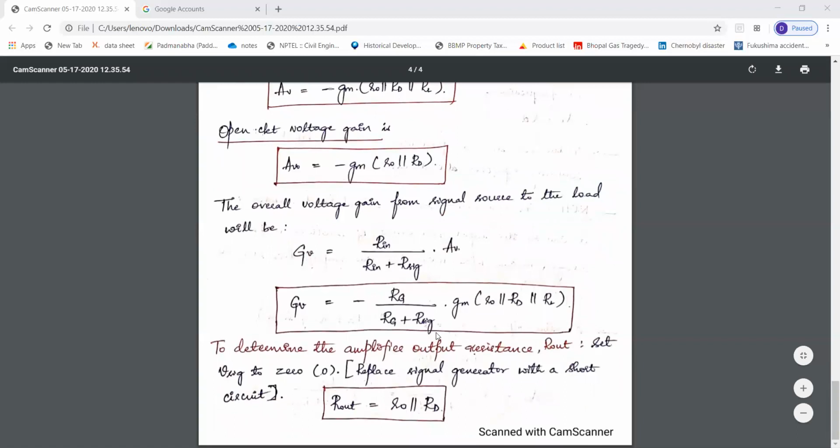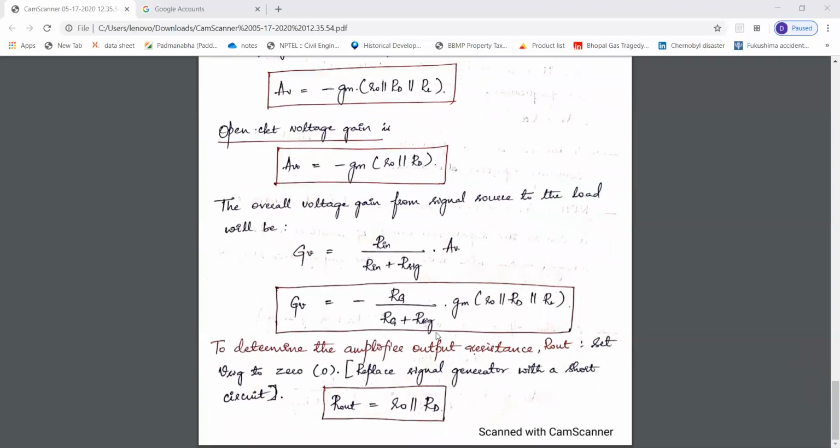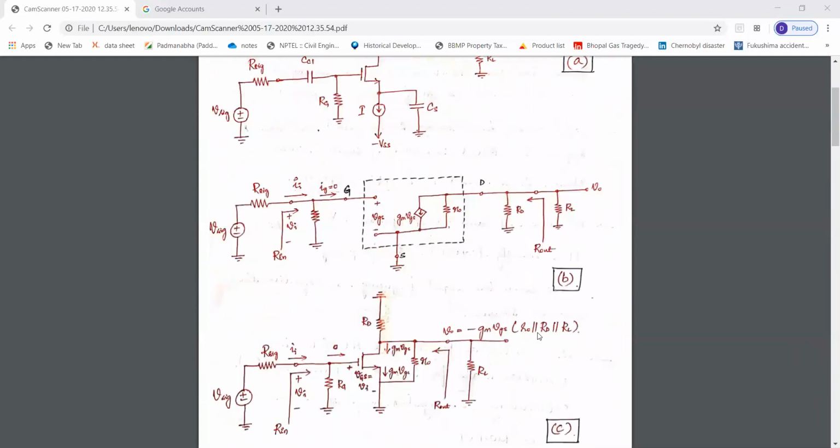So this is the overall voltage gain. Okay, and in order to determine the output resistance, what we do is we set Vsig to 0, meaning the signal generator at the input side, Vsig, is replaced with a short circuit, and now this Rout will be equal to R0 parallel Rd. This load resistance also will not be there.